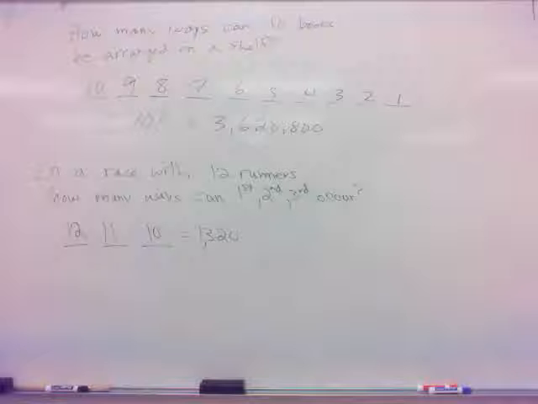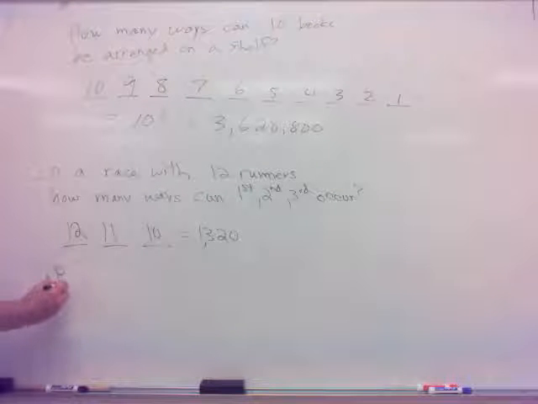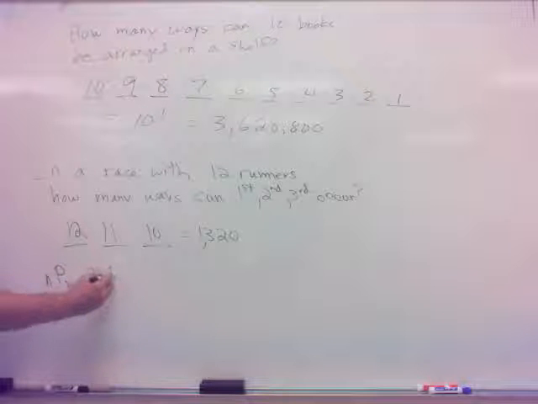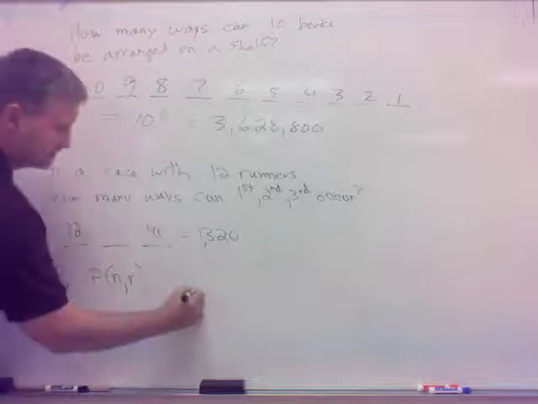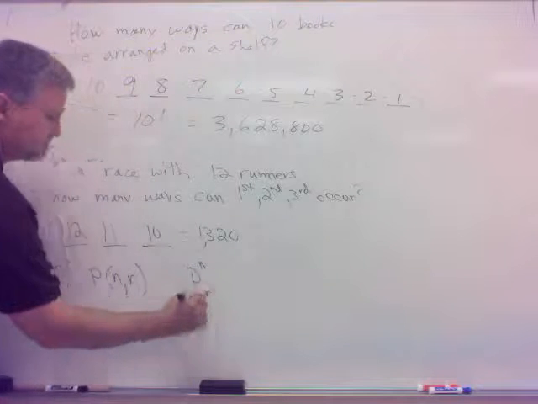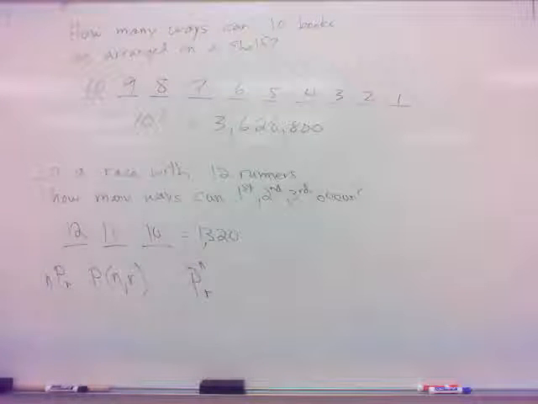Now, what we might note here is there is a button for this. We didn't have to use it, but there is a button. See if you see either an NPR button, a P, N, parentheses, R. Some calculators have P with the N and the R. I think most calculators have NPR.